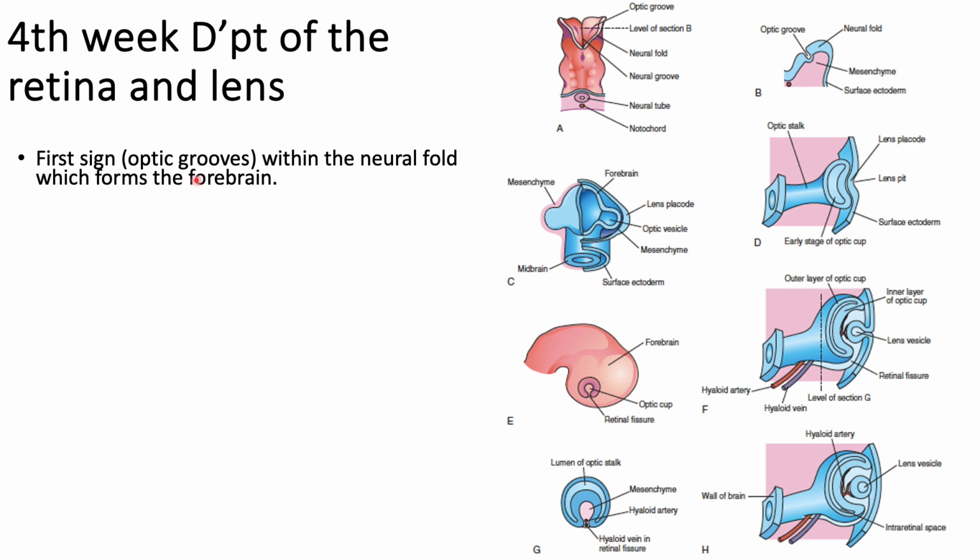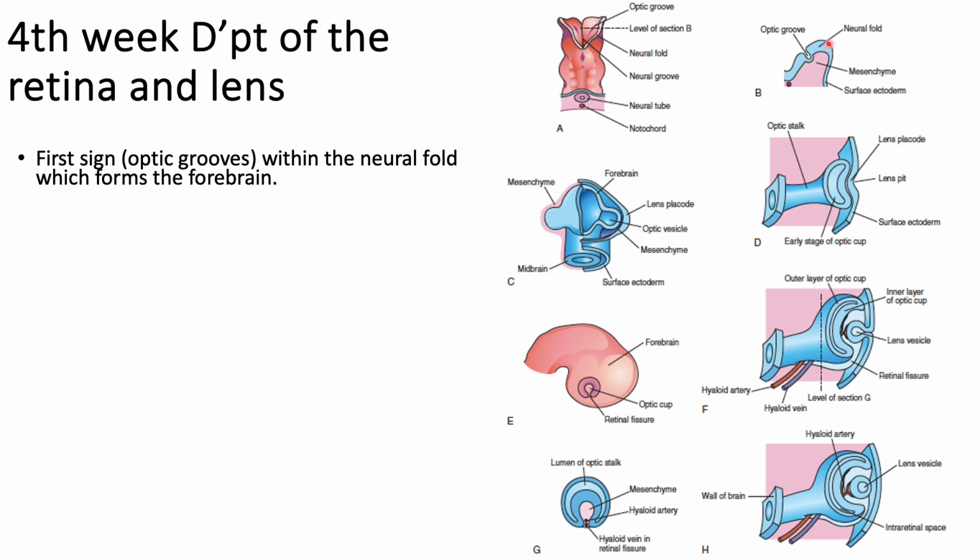The first sign occurs as a sulcus or a groove known as the optic groove. Because the eye is a pair, we call the grooves the optic grooves on the left and right side of the head.